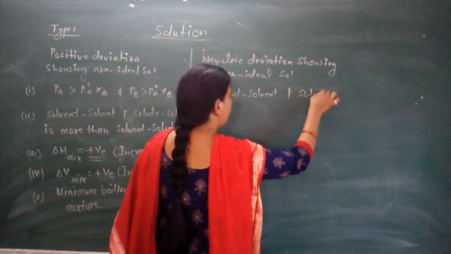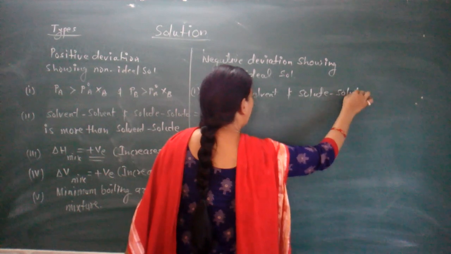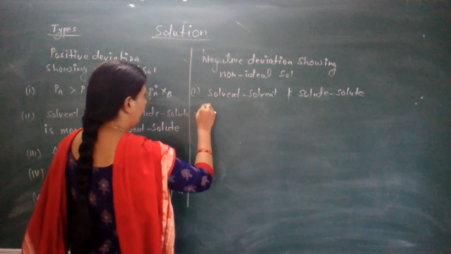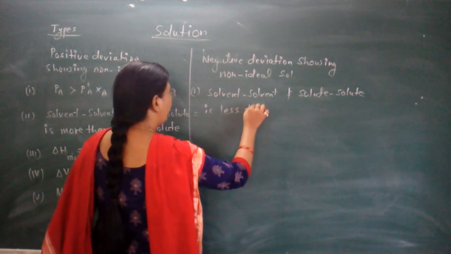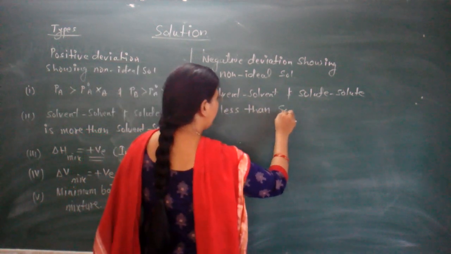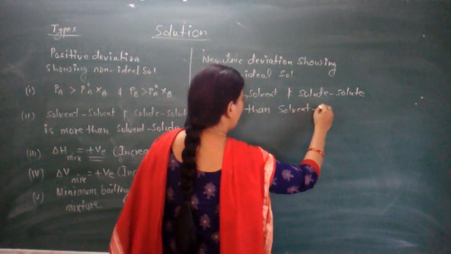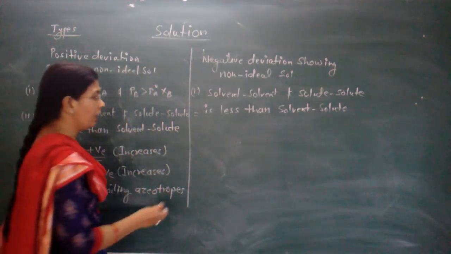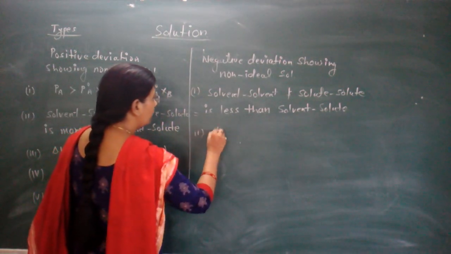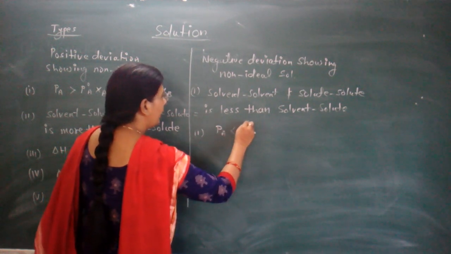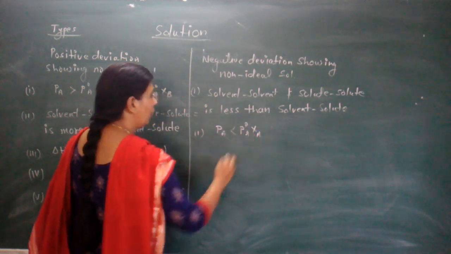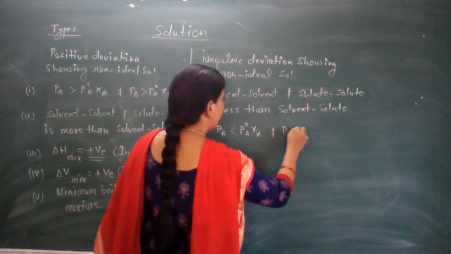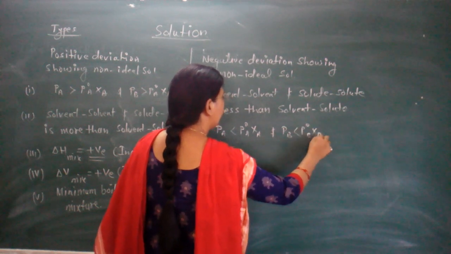If the interaction between the solvent and solute is greater than the interaction between the solvent and solvent, solute and solute, that condition, the vapor pressure of solvent is less than expected according to Raoult's law, that is PA is less than P naught A XA and PB is less than P naught B XB.